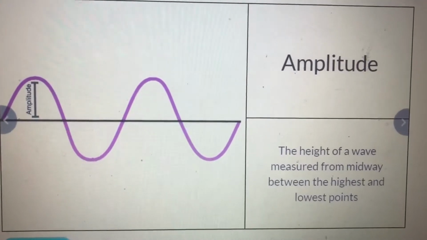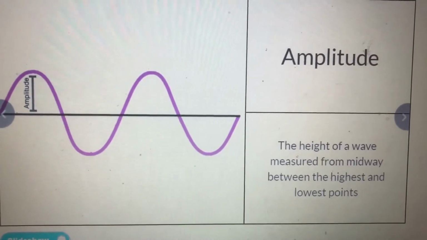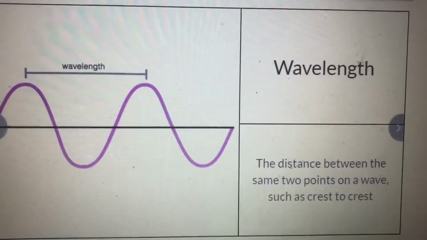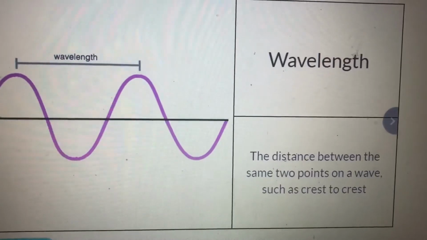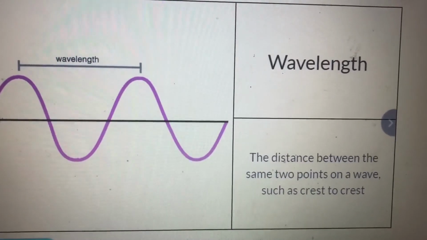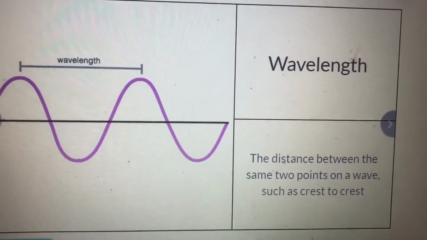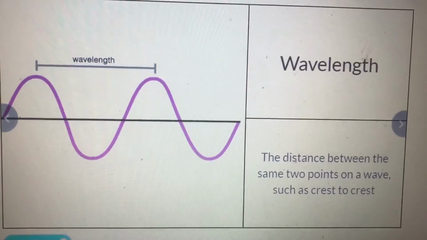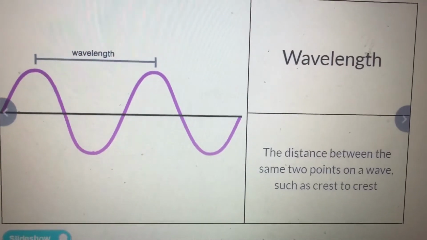So you can see it right there. That's the amplitude of a wave. Let's look at the other word, wavelength. And the wavelength of a wave is the distance between the same two points on a wave, such as crest to crest. You see there? From the top of the wave to the other top of the wave. That is the wavelength. It is how long the wave is.